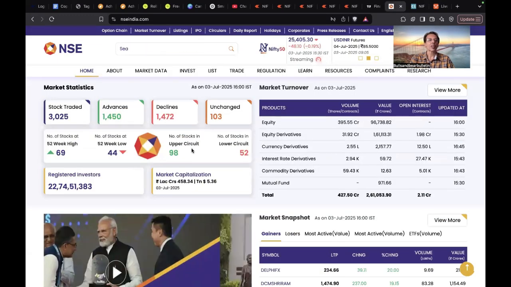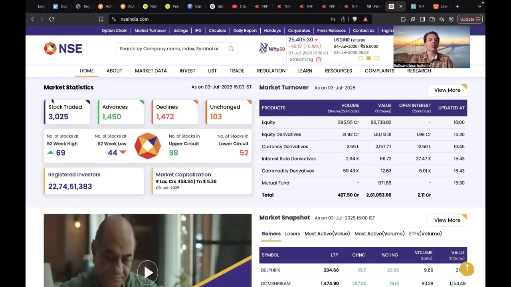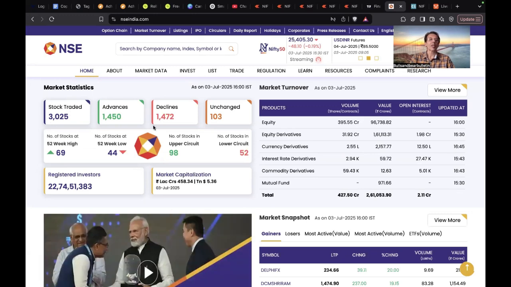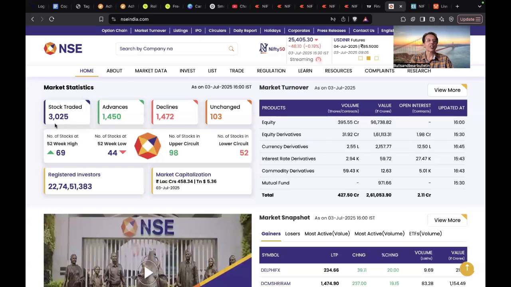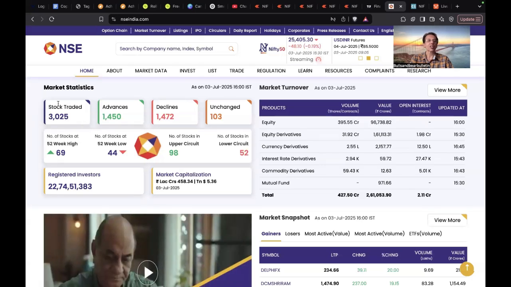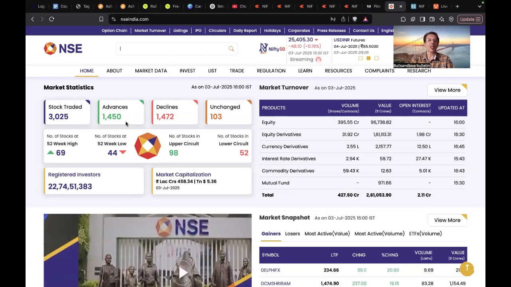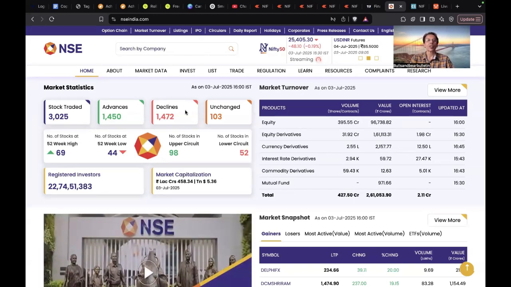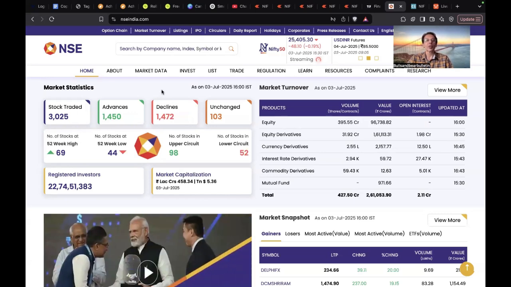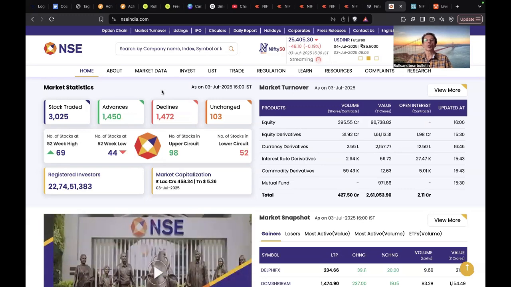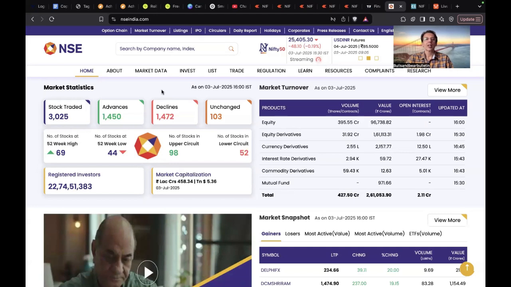broader market picture. We get to see the total number of stocks being traded, and how many are advancing and how many are declining. When you see something like this, which says there are 3,000 stocks being traded, of which only 1,450 are advancing and 1,472 are declining, it says it's pretty neutral. And so that indicates there's going to be a bit of a flat market.